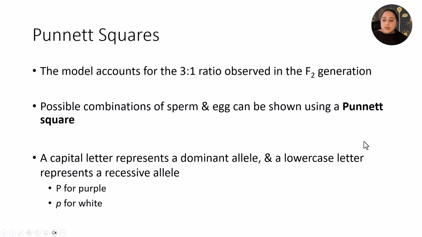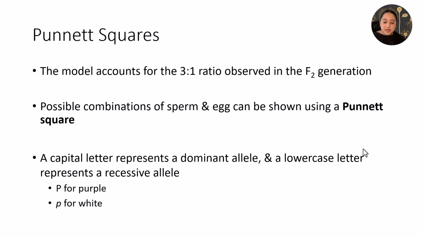We can also help track these different traits by assigning letters to them. For one character and the 2 different traits, we will give a letter, like the letter P for purple flower color.